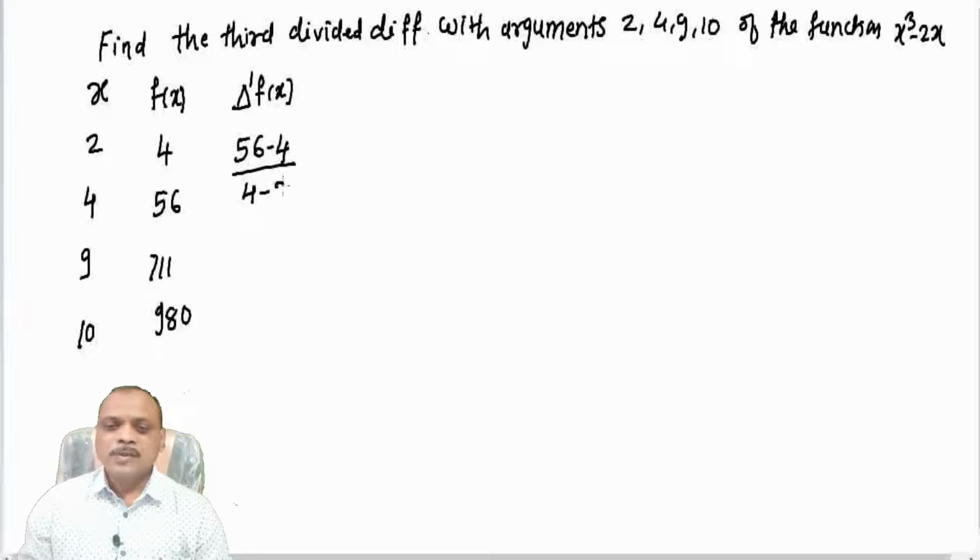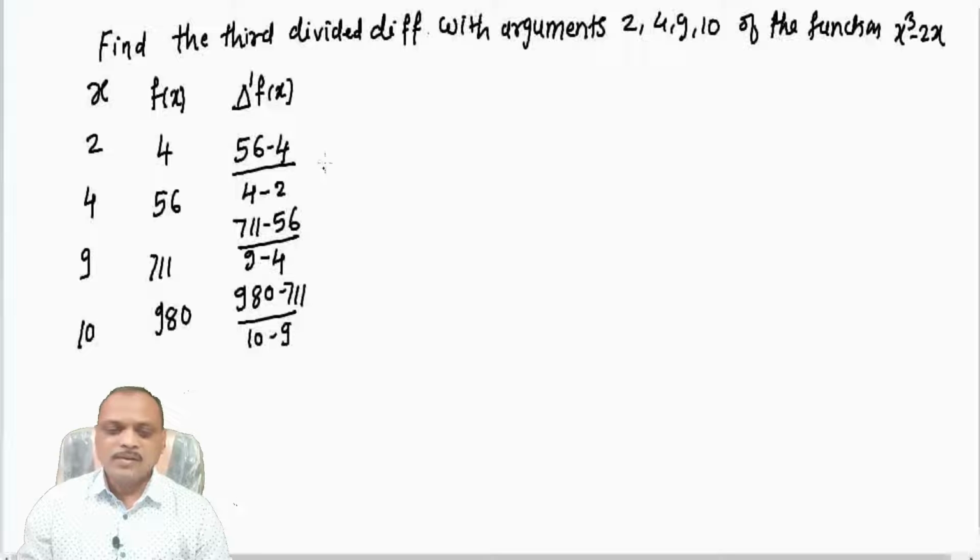Then 711 minus 56 divided by 9 minus 4, and 980 minus 711 divided by 10 minus 9. Now if we calculate these values, we get 26, 131 and 269.